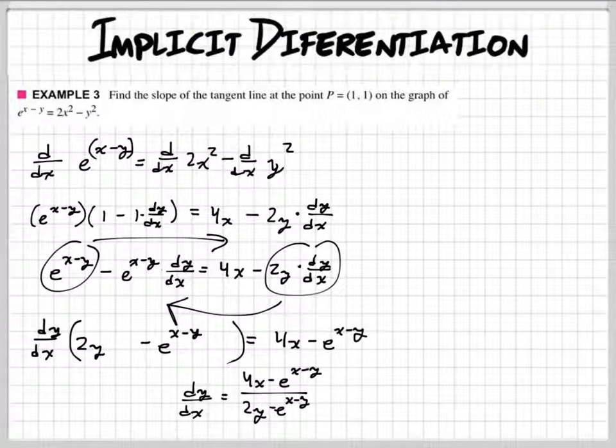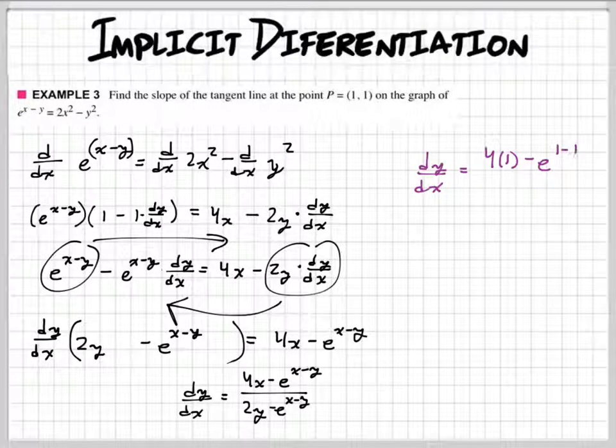I solved for y prime, or dy over dx. That's not my answer, because the question asks, what is the slope at this point? So I must plug in that point right here. Let's plug it in. dy over dx equals 4 times 1 minus e to the 1 minus 1, divided by 2 times 1 minus e to the 1 minus 1.